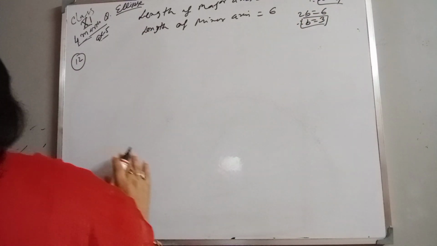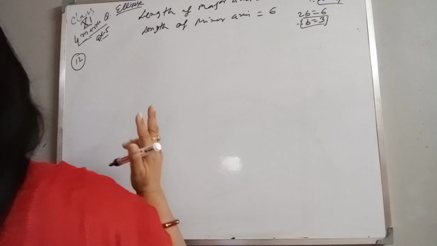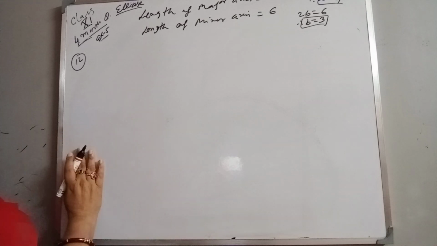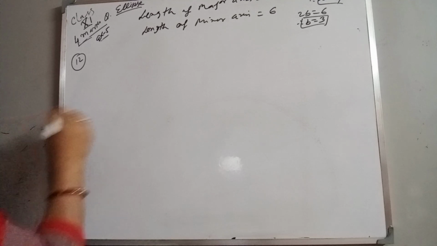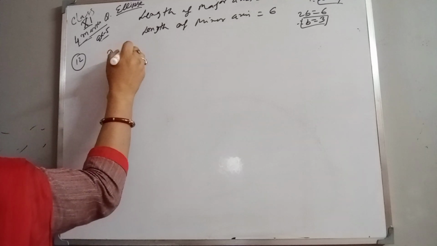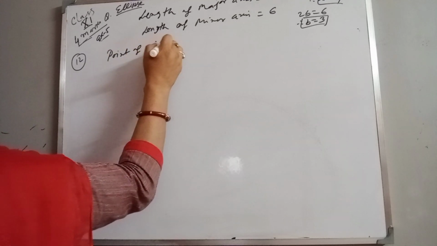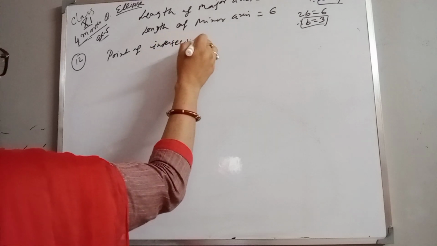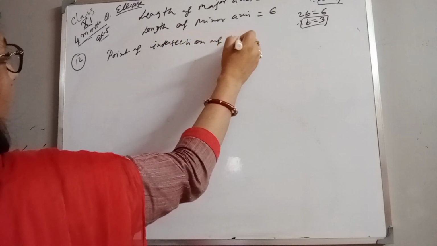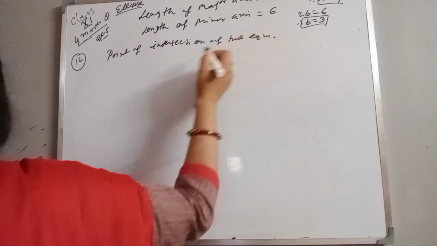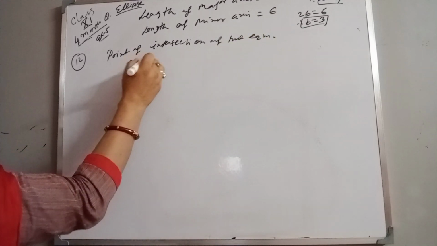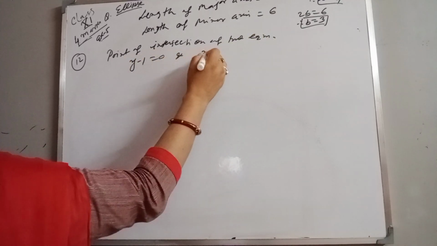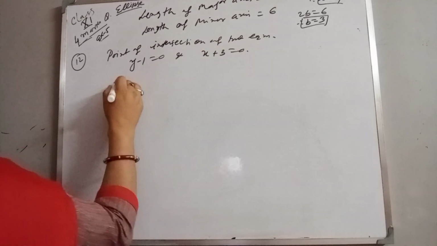Now let us find the point of intersection of the two equations y minus 1 equals 0 and x plus 3 equals 0.